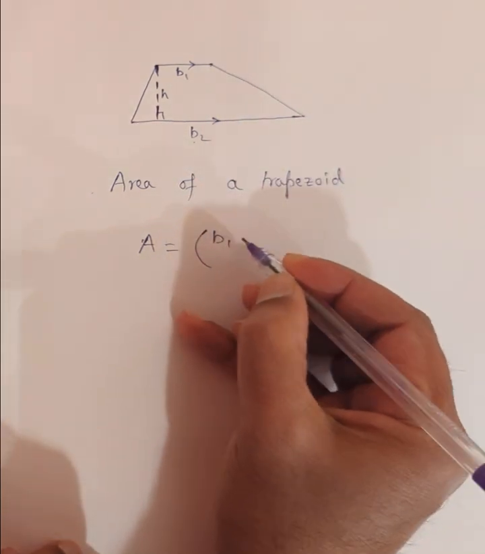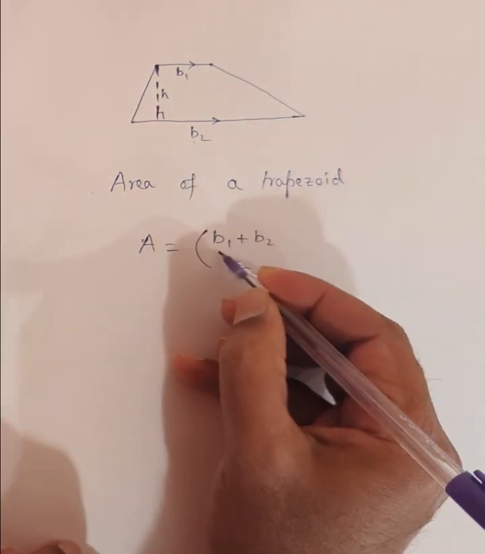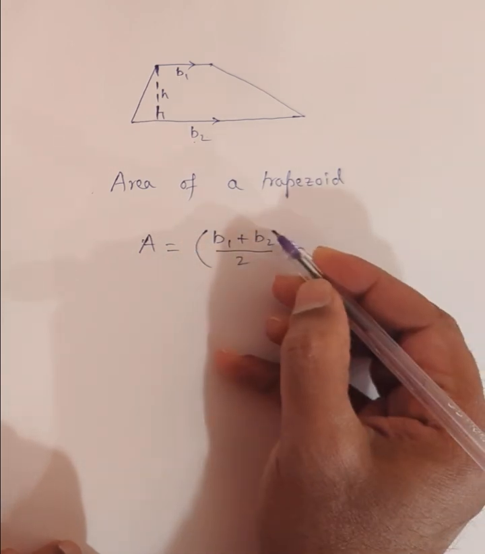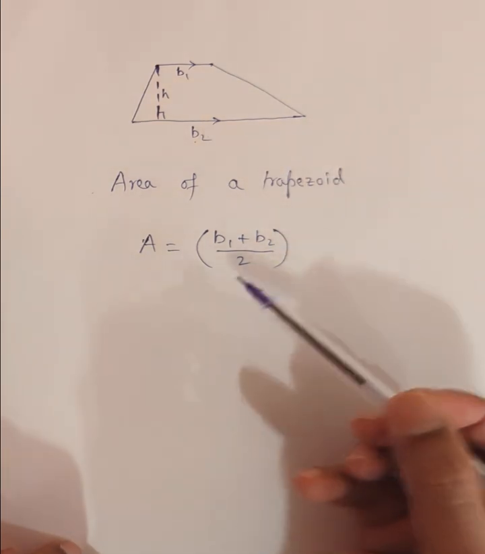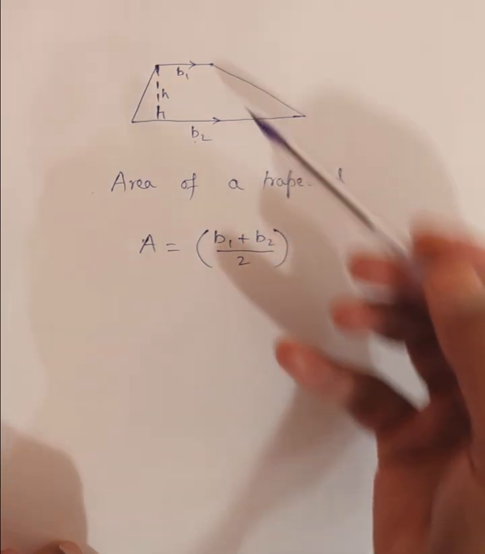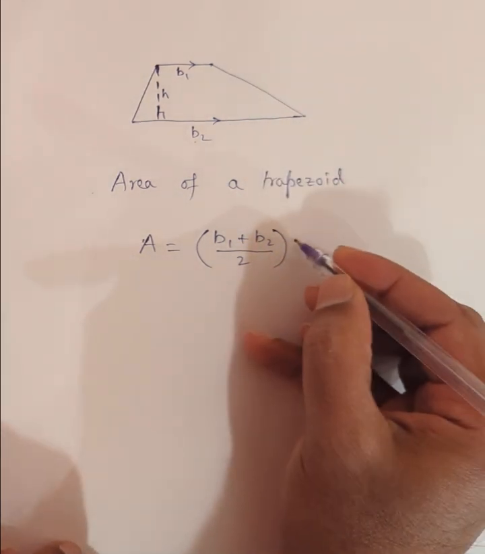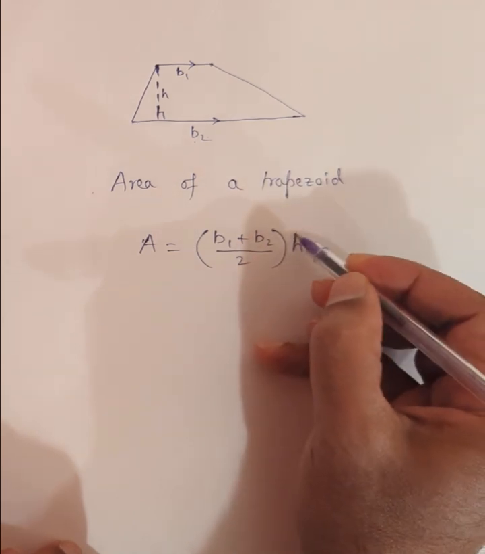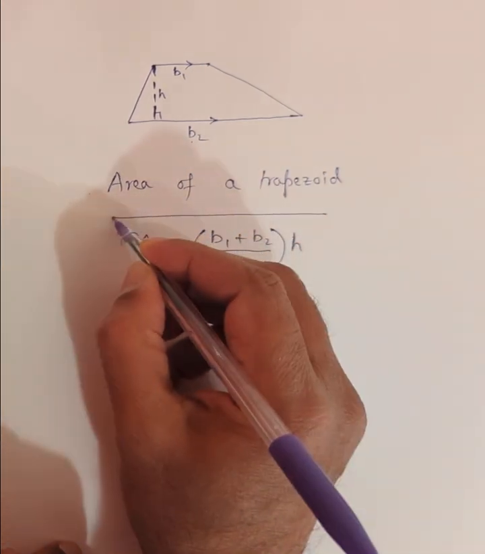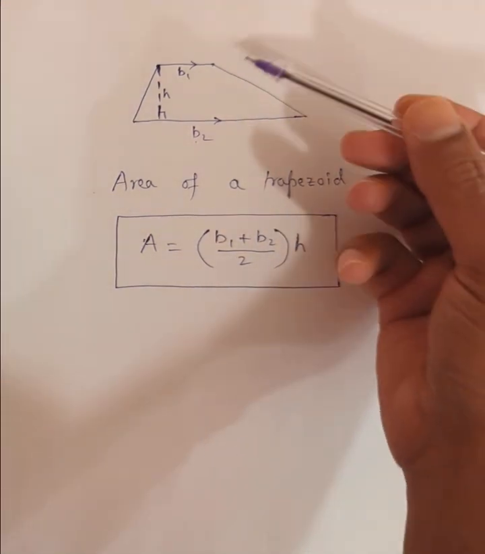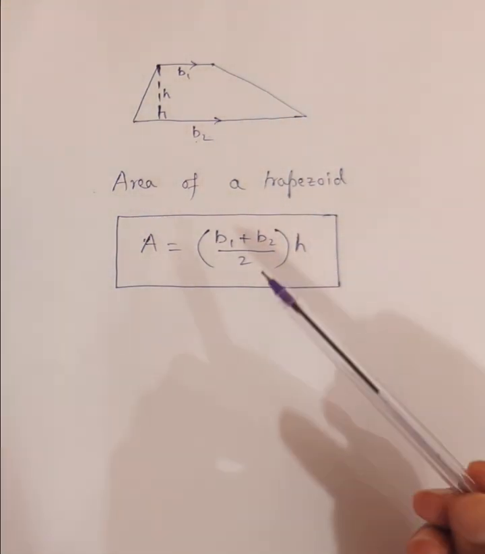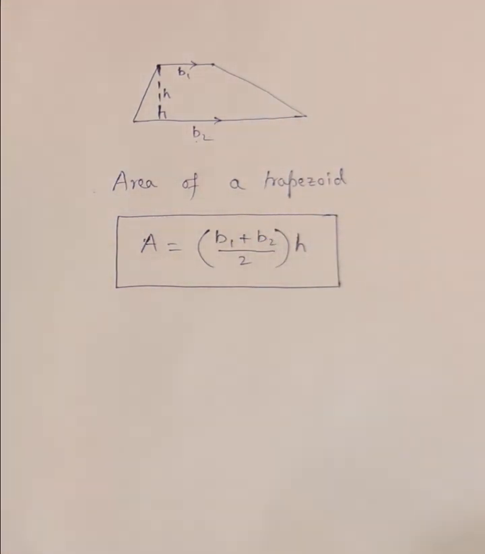You add them, B1 plus B2, and then divide by 2. Now this is the average base of the trapezoid, and then you multiply by H. So that's the formula. The bases are not the same, so you take the average base times height.